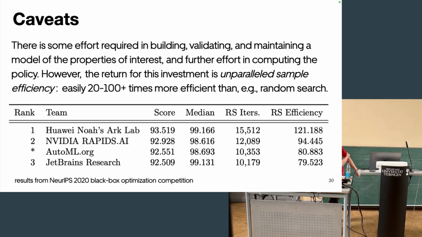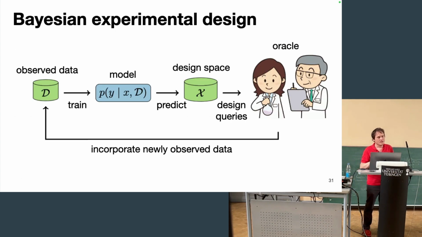And the winner here from Huawei was over 100 times more efficient than random search under that measure. And all of the top of the leaderboard were in fact using Bayesian methods.